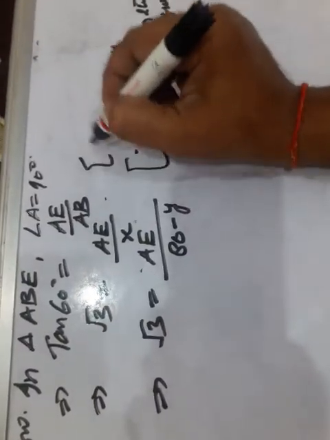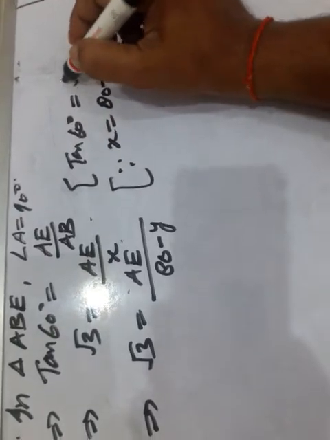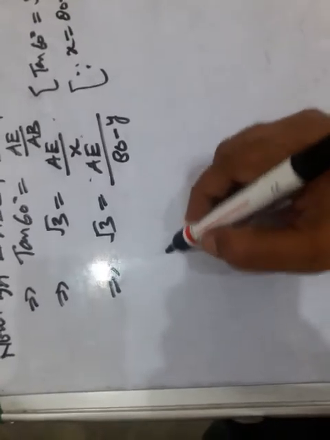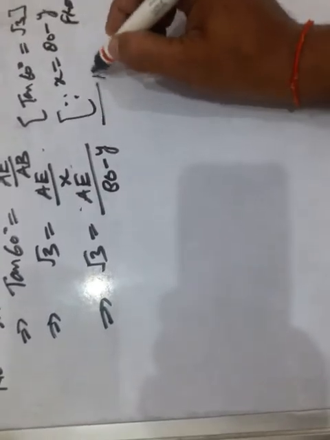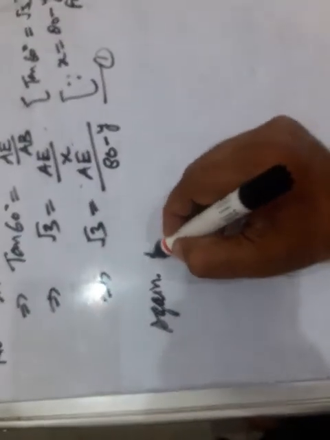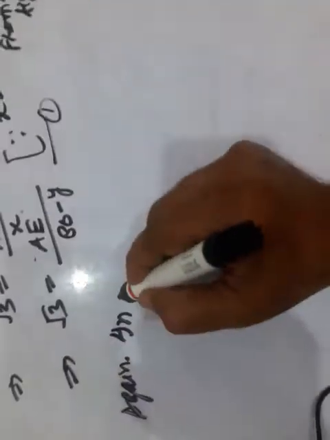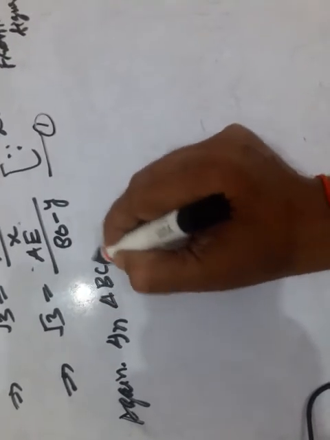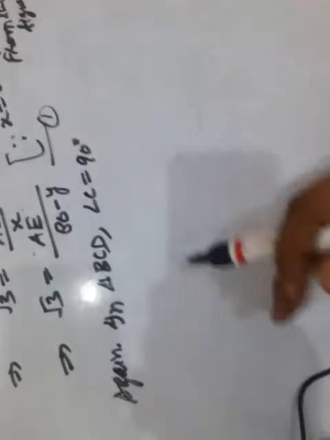Okay children, here you can write down tan 60 degrees equal to root 3. Let it be equation number 1 now. Clear? Again in triangle BCD, angle C equal to 90 degrees.